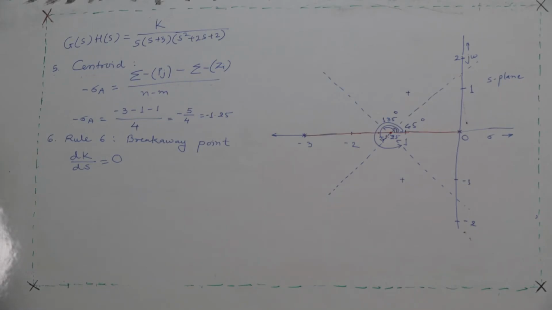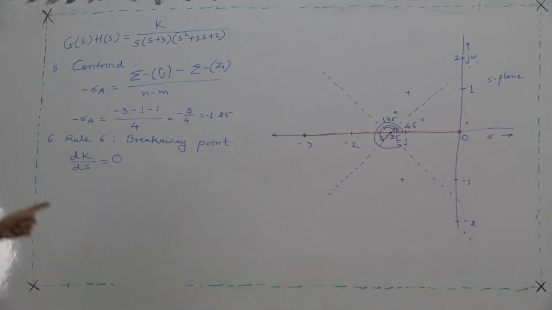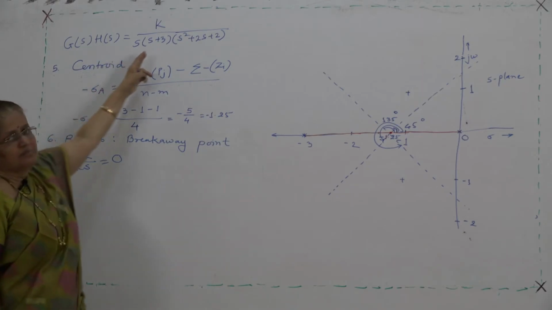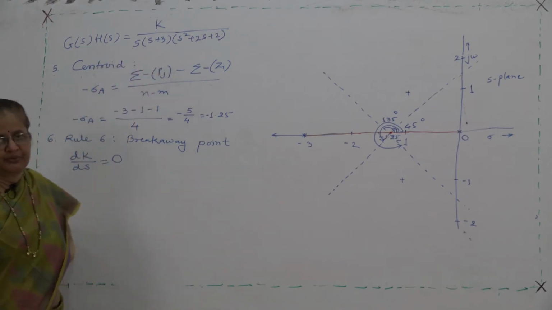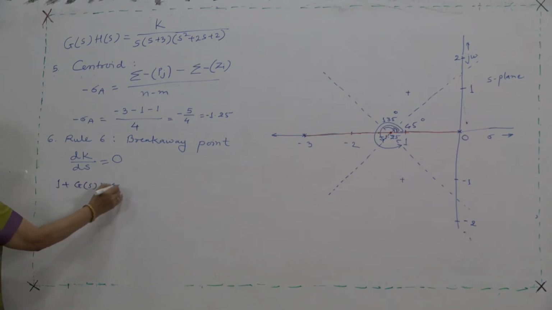Okay. So, you have to write first the formula for k in terms of s. For that, use the basic equation given to you. So, how will you write? What is your characteristic equation? The characteristic equation is 1 plus G(s)H(s) is equal to 0.